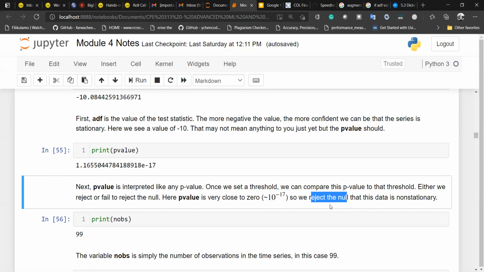When we reject the alternative, we accept the null. Okay? It's just the reverse.